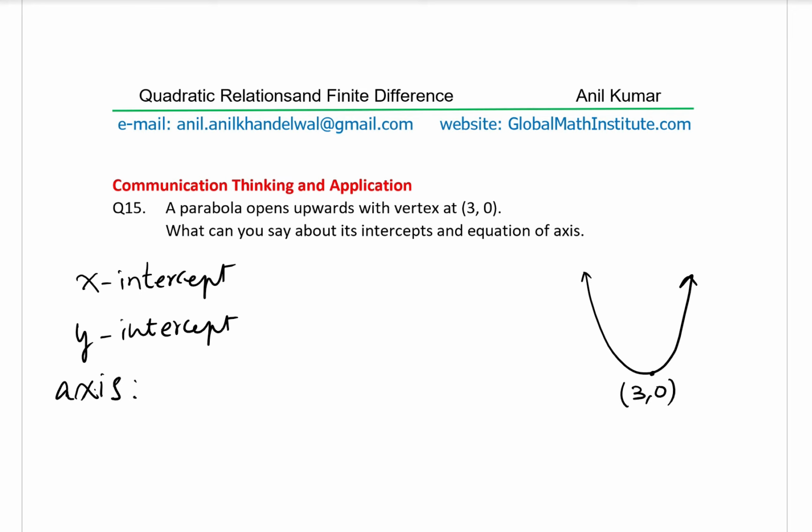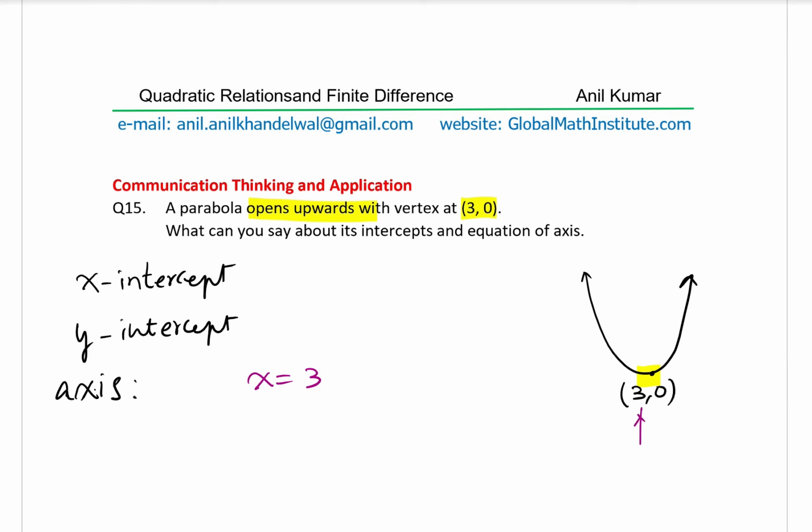So let's look at it once again. A parabola opens up as shown here with the vertex given to us, right? What can you say about its intercepts and equation of the axis? So clearly, equation of the axis is the x value of the vertex. So we have x equals 3 as equation of the axis.